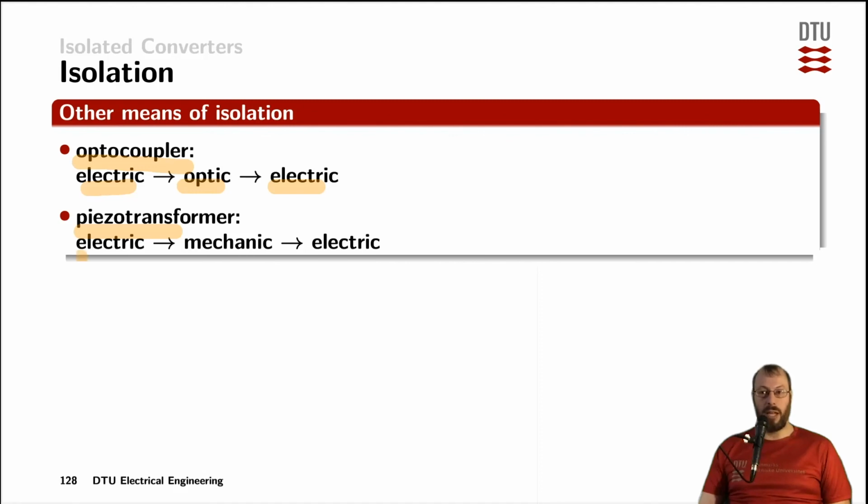They turn the energy from electric into vibration, mechanical energy, and back again into electrical energy. Seen from an electrical perspective, those devices are like capacitors with more than two plates. They can have isolation voltages up to several kilovolts, but their power usage is typically limited to about 50 watts.